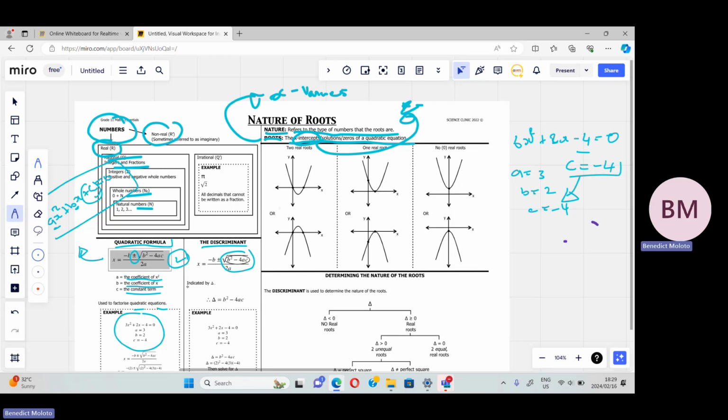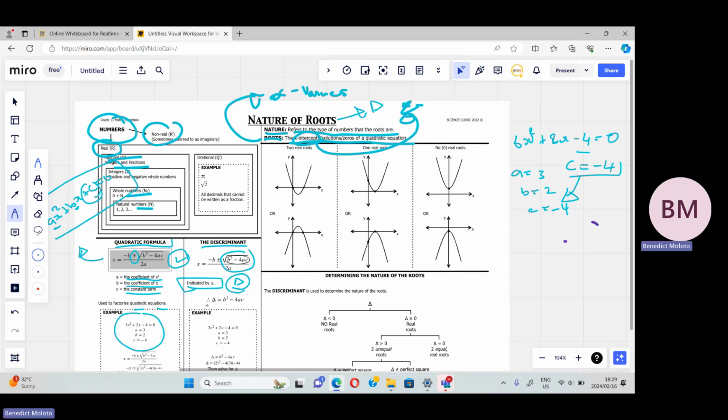It is represented by delta. Delta is the discriminant and shows the nature of roots. So when we're talking about nature of roots, we say determine delta.